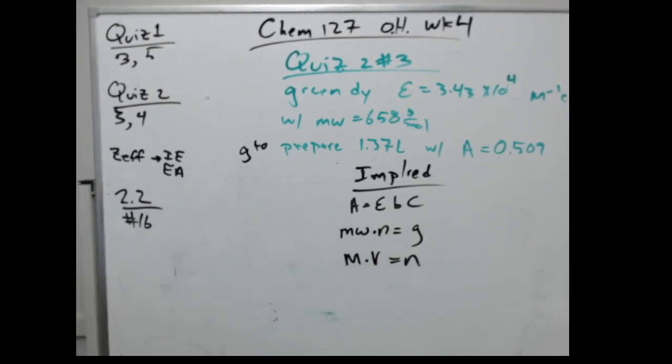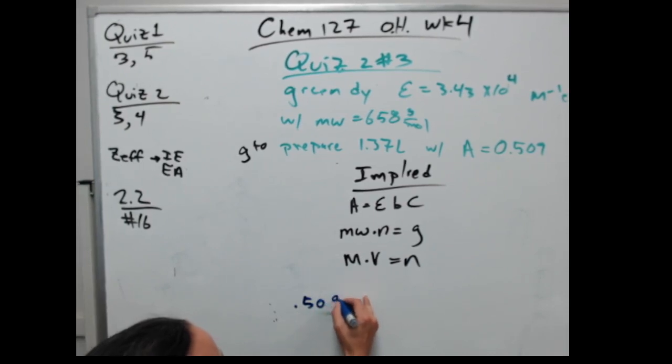Actually, this works out when I start looking at this differently from how it's worded. It's the exact same problem, actually. Right? Except instead of solving for epsilon, I'm solving for moles. It's just changed which variable we're solving for. So we have to find the concentration. Now if we start plugging things in, I'm going to put 0.509.